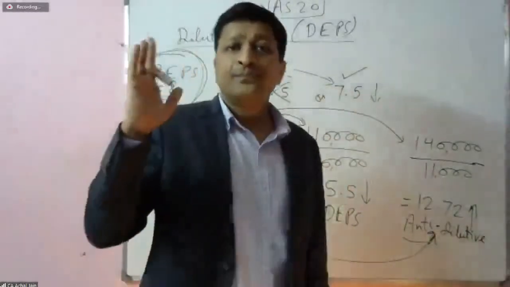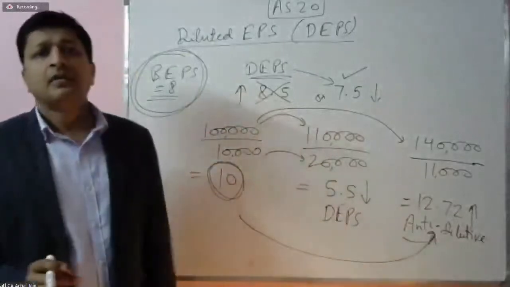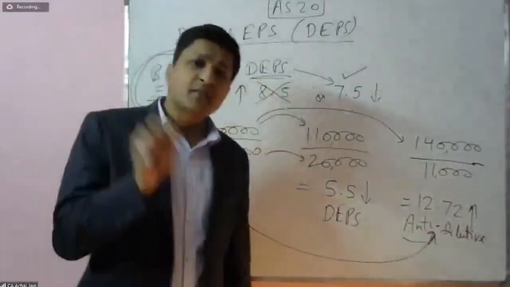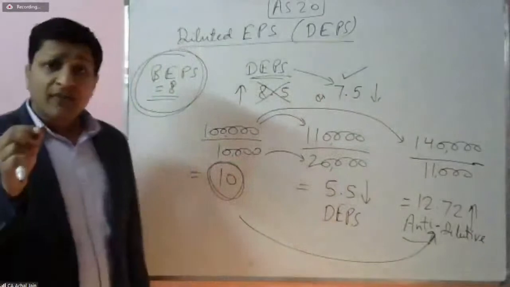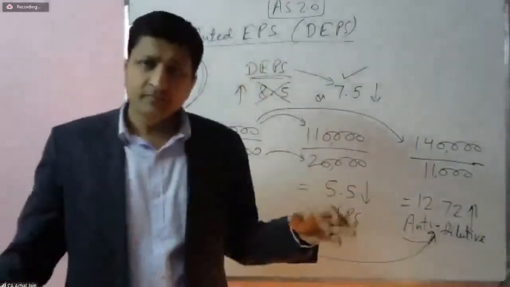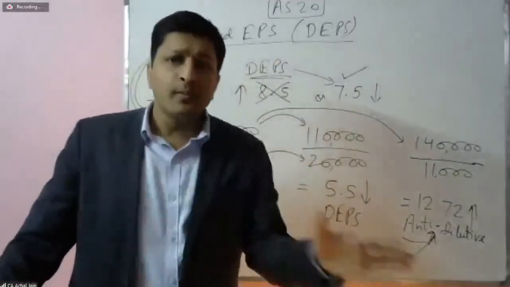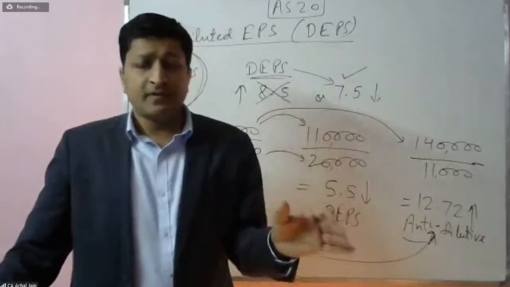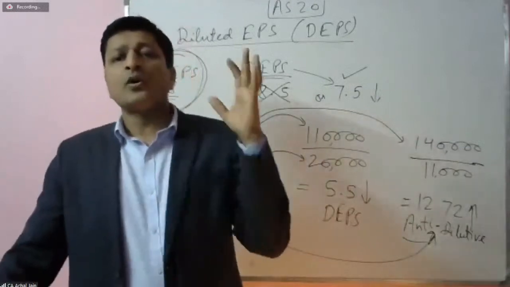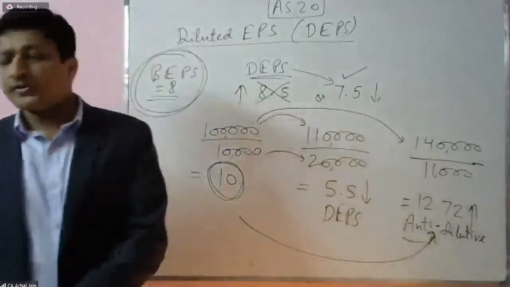The standard is only creating a situation wherein you need to take the assumption, and after taking that assumption, compute this and give a disclosure. Clear? No recognition, no measurement is required to be changed. In fact, this standard doesn't talk about recognition and measurement. Okay, this is only about disclosures.